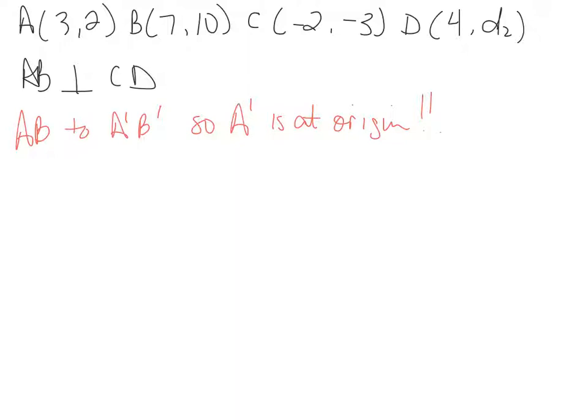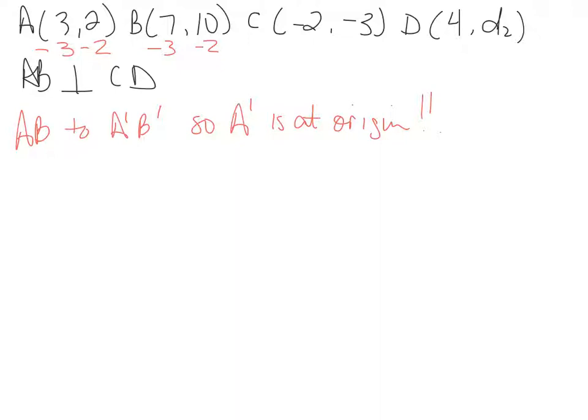Okay, so I'm moving 3 units to the left and 2 units down. So minus 3, because the left is minus. Let's do that. So minus 3 and minus 2.